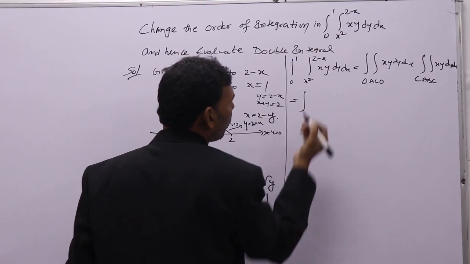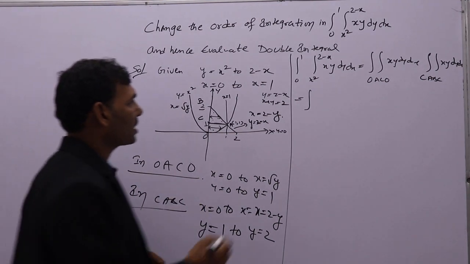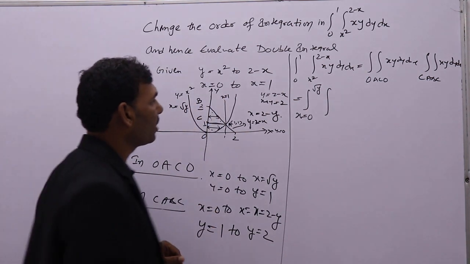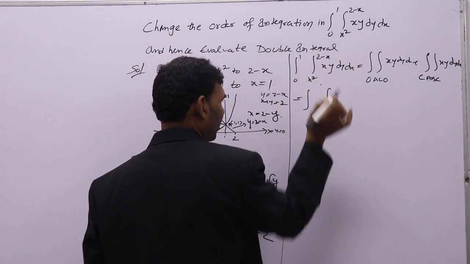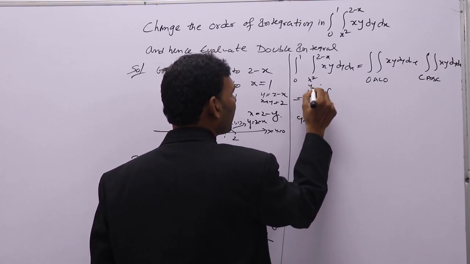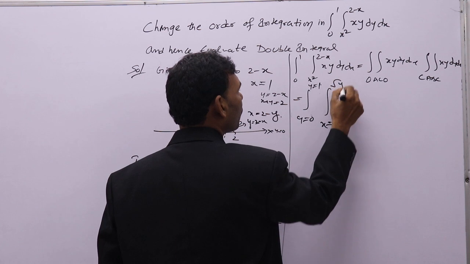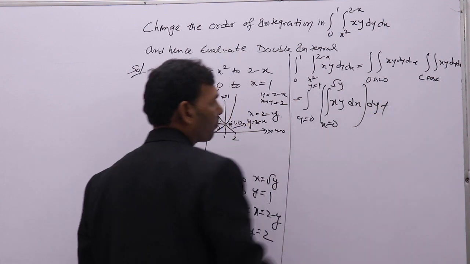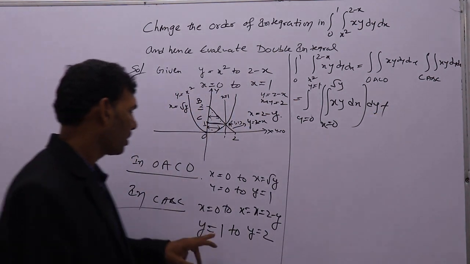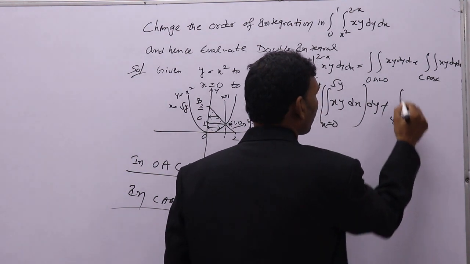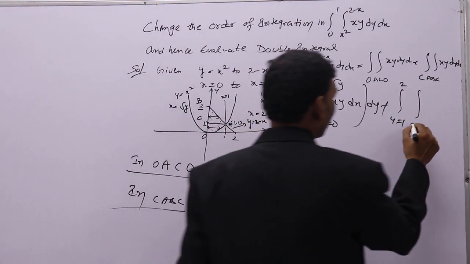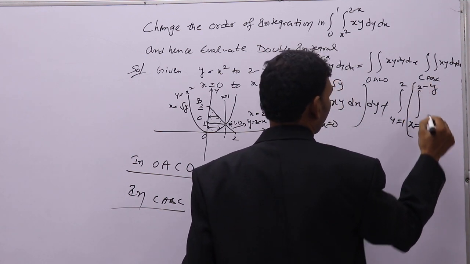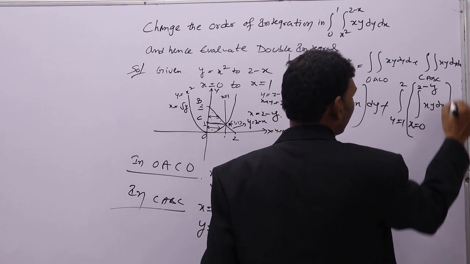In OACO, the limits are, first the constant limits, y equal to 0 to y equal to 1, x equal to 0 to root y, xy dx dy. Plus the second region, first constant limits, y equal to 1 to 2, x equal to 0 to 2 minus y, xy dx dy.